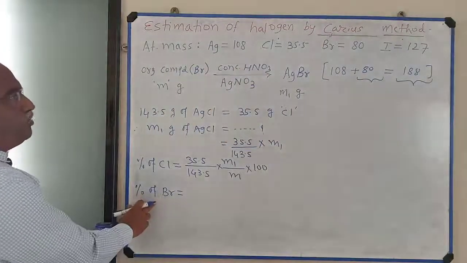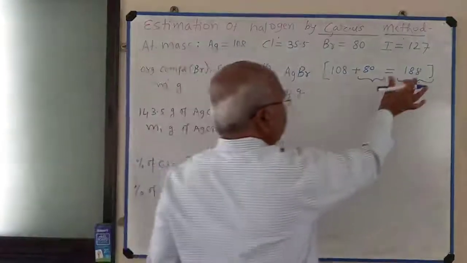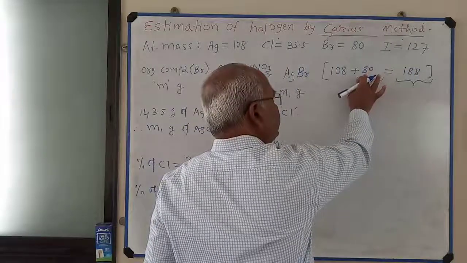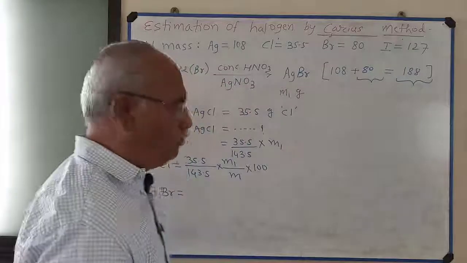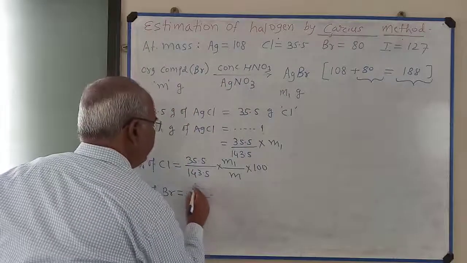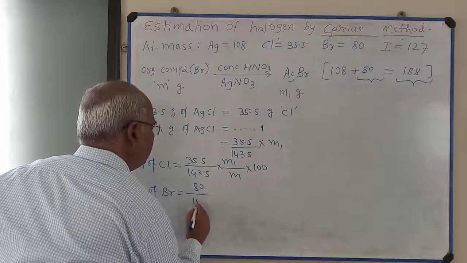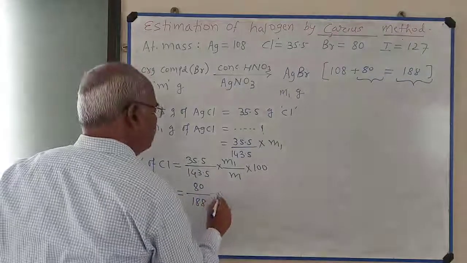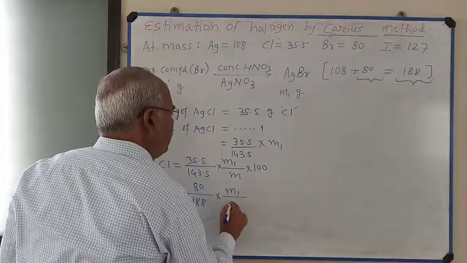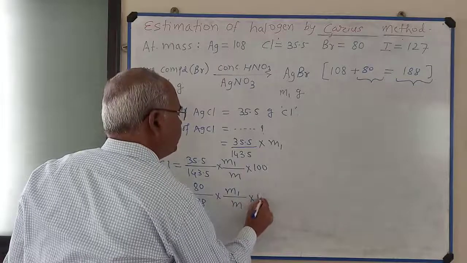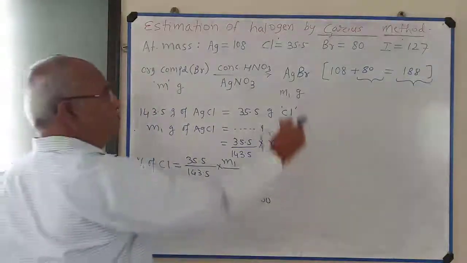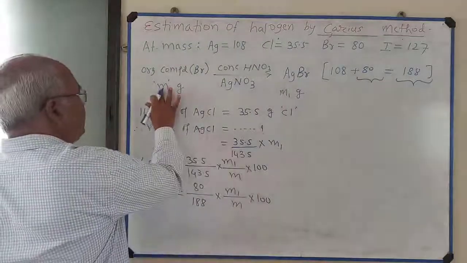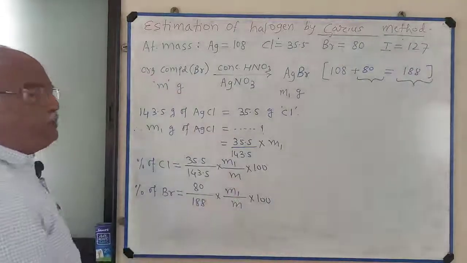So percentage of bromine, remember, 188 gram of silver bromide contains 80 gram bromine, therefore I write 80 divided by 188 into m1 upon m into 100, where m1 is the mass of silver bromide formed and m is the mass of organic compound.